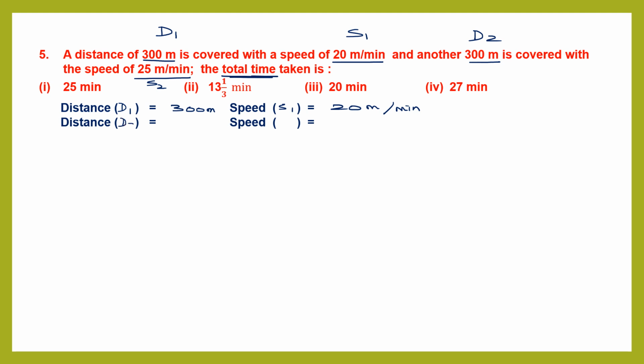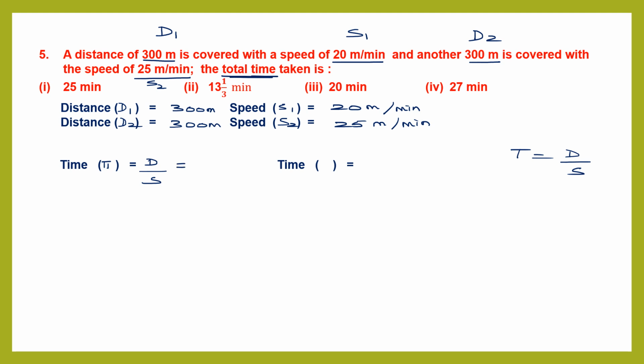Distance 2 is again 300 meters and speed 2 is 25 meters per minute. Now we have to find the time, isn't it? So time will be distance by speed. The formula for time is distance by speed. So time 1 and time 2 are each distance by speed.